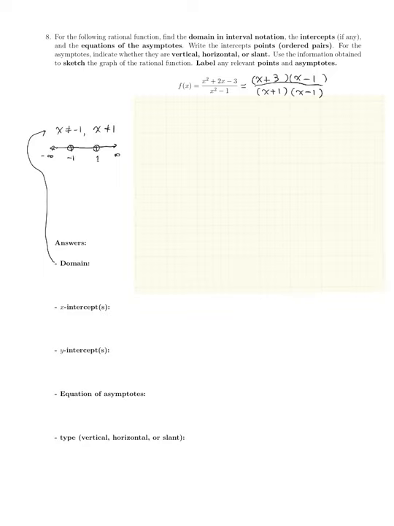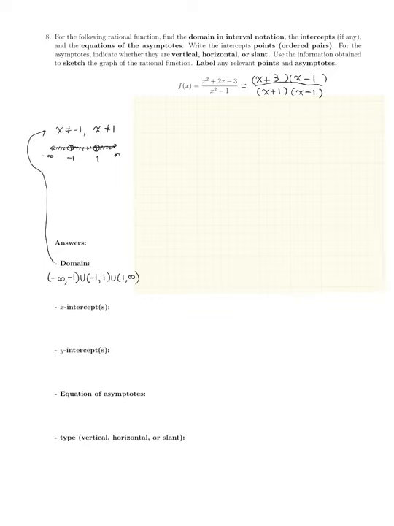So everywhere else, our rational function is defined. So translating this into interval notation, we get negative infinity to negative 1, open, union, open, negative 1 to 1, open, union, open 1 to positive infinity. All right, now that's the domain.